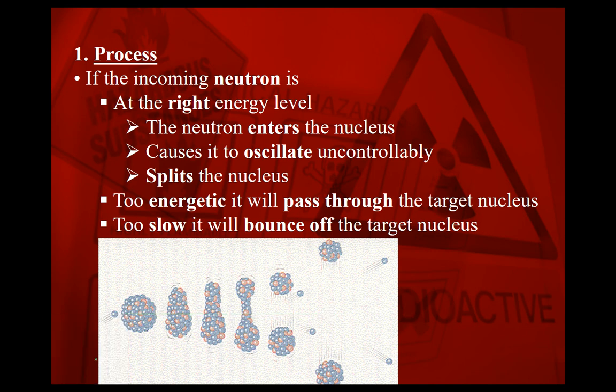Your neutron would just hit this larger nucleus and then get sent back in the reverse direction. So there's a specific energy level that we need to fire it at that is going to cause this to split. I don't know what the exact numerical value is, but there is a value that's going to cause this to occur properly.